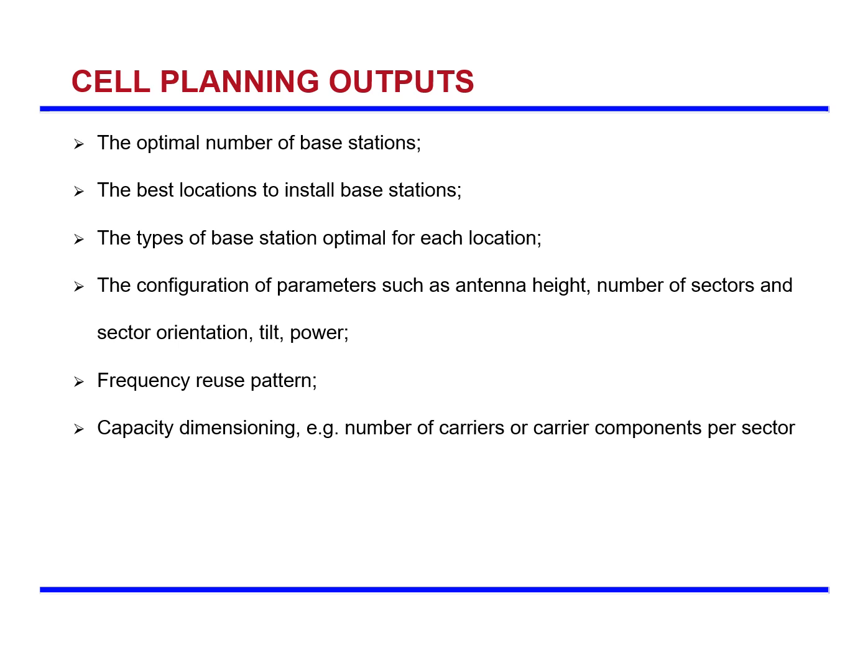Cell planning outputs. The goal of the CP process is to provide one or more of the following outputs: the optimal number of base stations, the best locations to install base stations, the types of base station optimal for each location, the configuration of parameters such as antenna height, number of sectors, and sector orientation, tilt, power, etc. Frequency reuse pattern, capacity dimensioning.